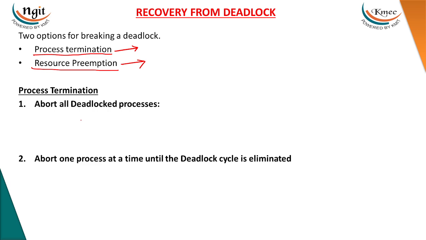One option is to terminate all the processes which are causing the deadlock. But that causes a lot of problems and is considered a high cost mechanism, because if you terminate all the processes causing the deadlock, they have already executed for a lot of time.